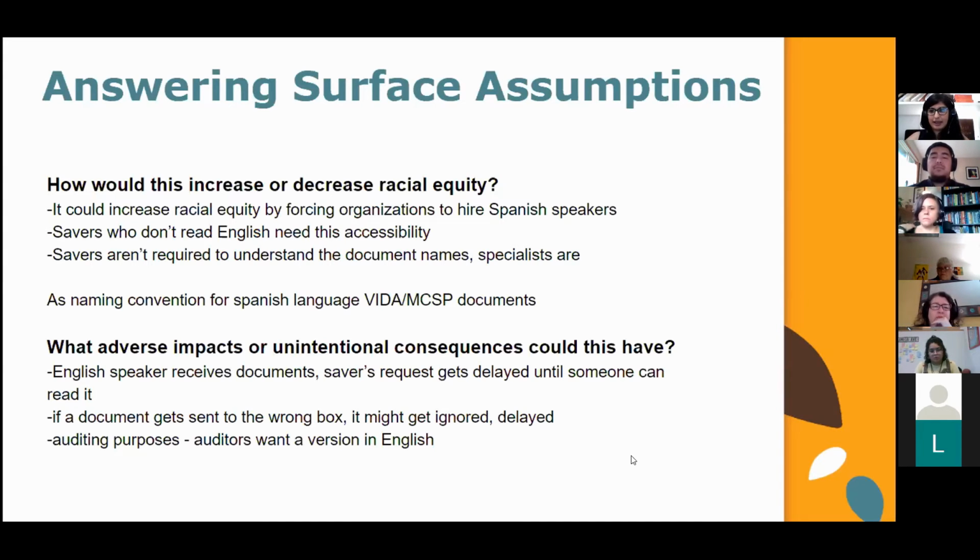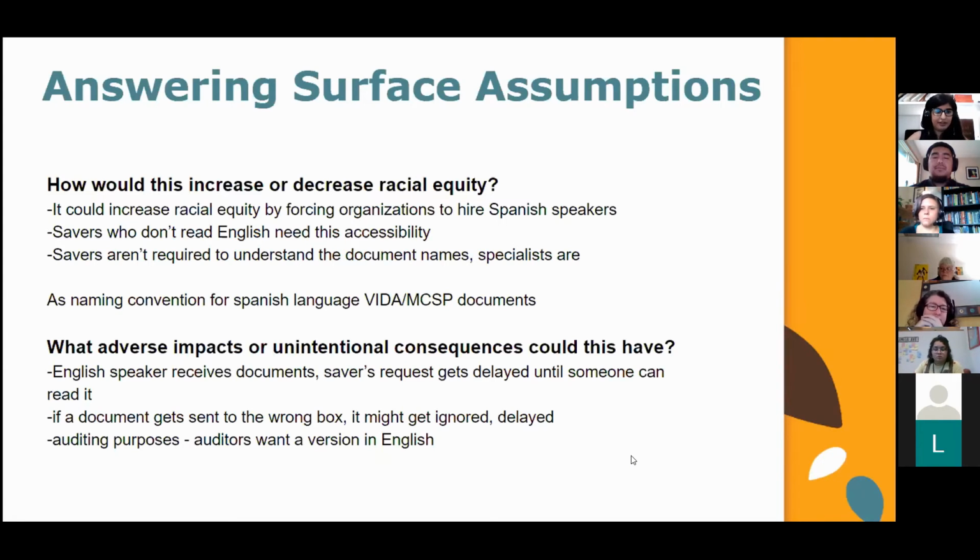We had specialists who did direct service, people who worked in withdrawals and enrollments, and folks from Innovative Changes who are not necessarily involved with it but were Spanish speaking. So there was a lot of input and conversation about how this naming could or couldn't impact folks in different ways. These are the actual answers that we came up with.